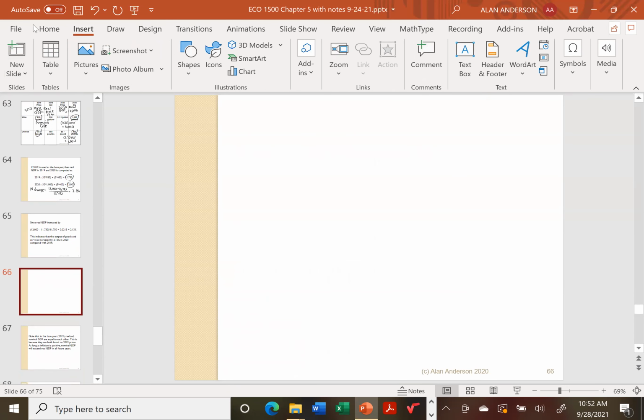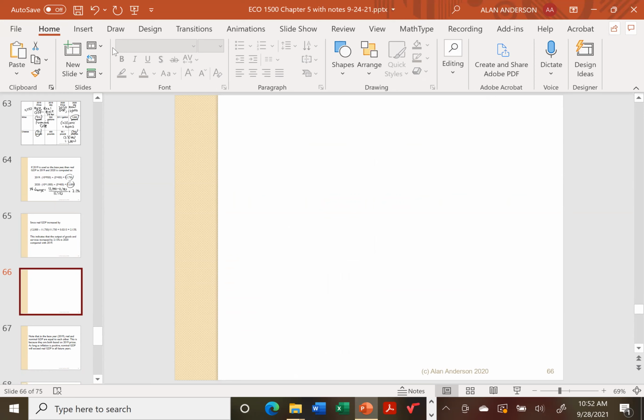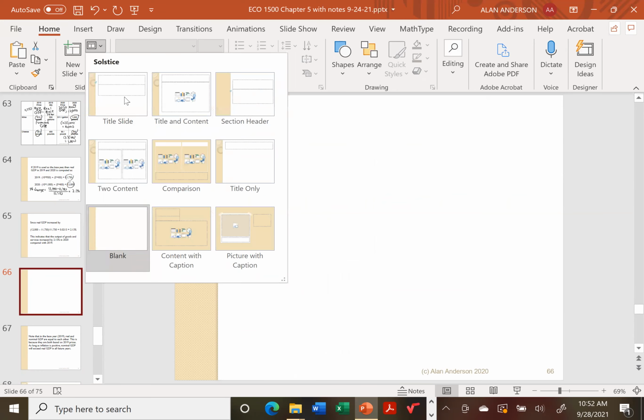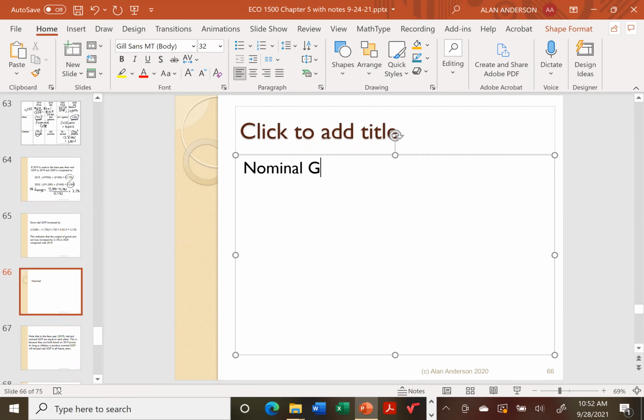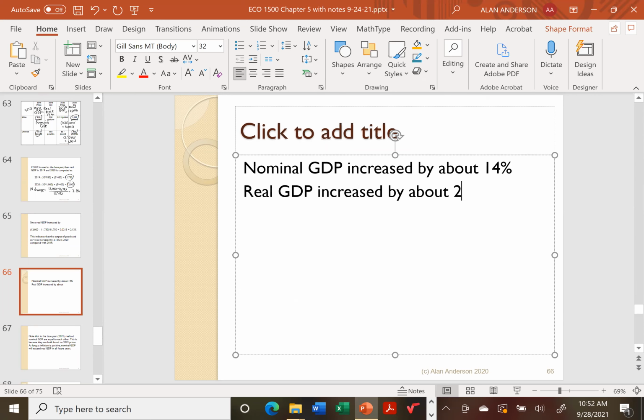It's being a little stubborn with me today. So nominal GDP increased by about 14%. Real GDP increased by about 2.1%.